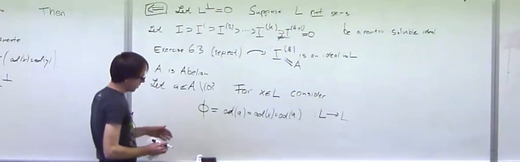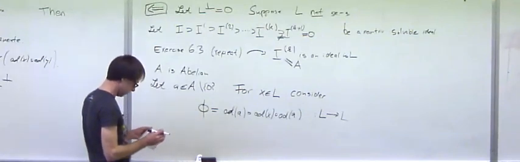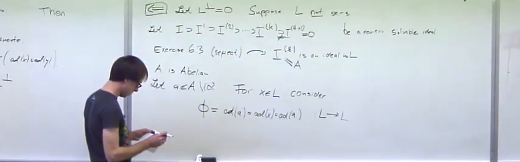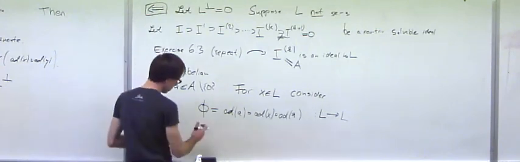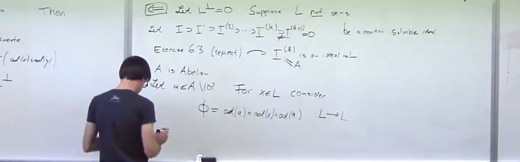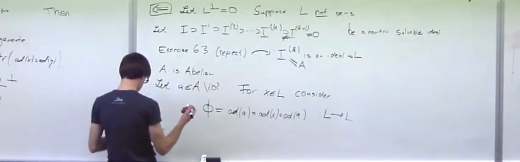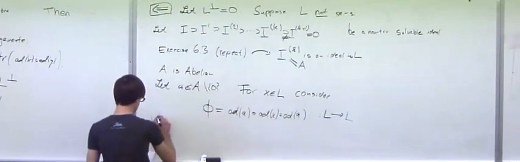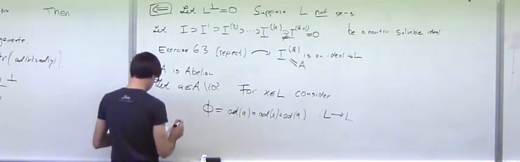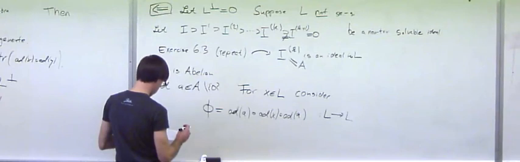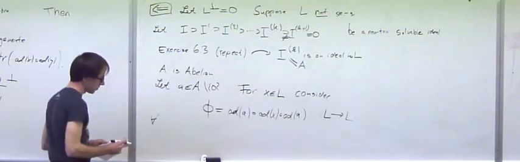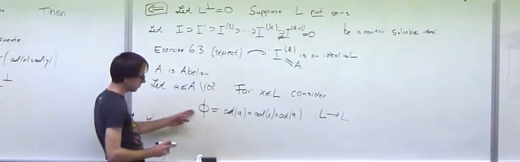And we want to study this map, which is somehow defined ad hoc here. So I claim this is the zero map.